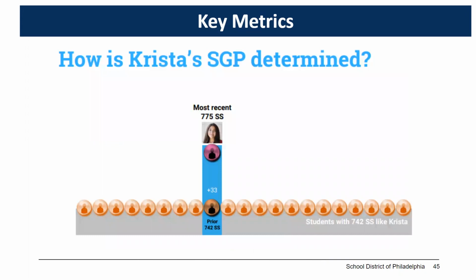To begin calculating SGP, we need to start off by comparing Krista to her academic peers. Remember, an academic peer is a student in the same grade level with a similar previous STAR performance. So the first step of calculating Krista's SGP is to line her up against other 7th grade students who scored a 742 scale score in the fall.